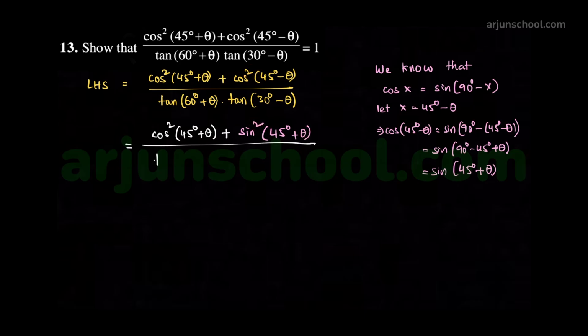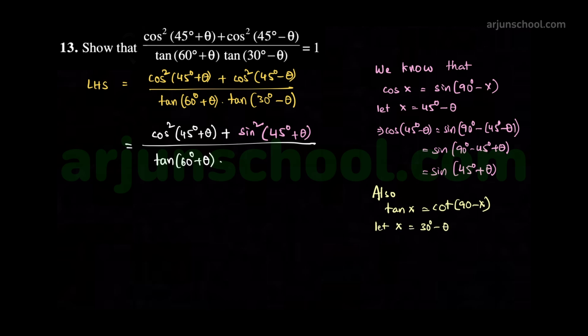divided by tan (60° + θ) into, now let us write this tan in terms of cot. We know that tan x is equal to cot (90° − x). Let x be 30° − θ.